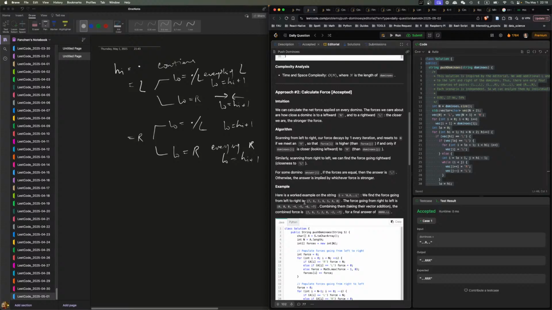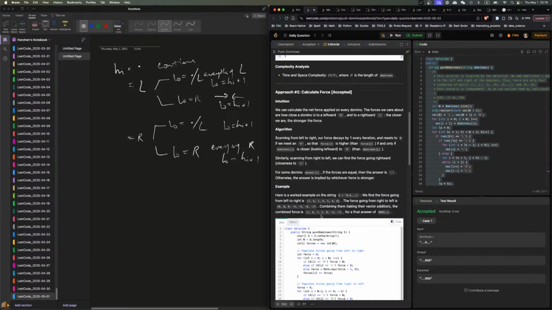So in this case, left to right, this is 7, 6, 7, 6, 5, 4. But we hit an L, that becomes 0. The force from right to left is minus 7, minus 6, minus 5, minus 4, 0, and 0, 0. Combining them, take the vector addition, we get this.